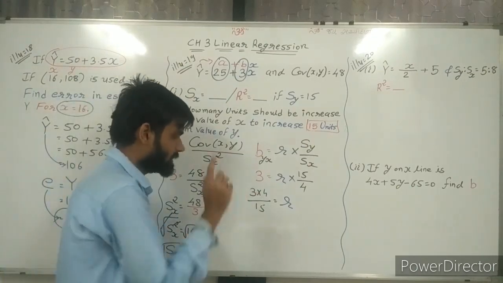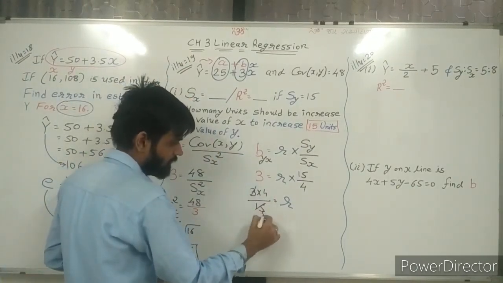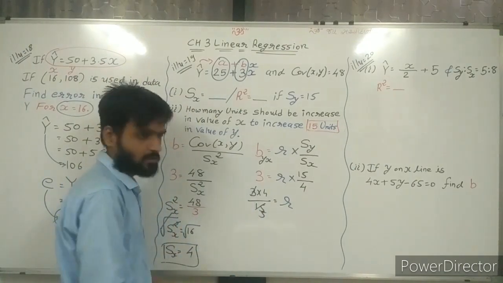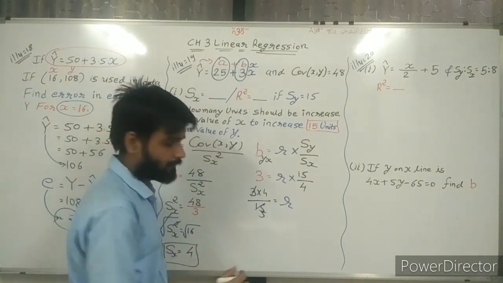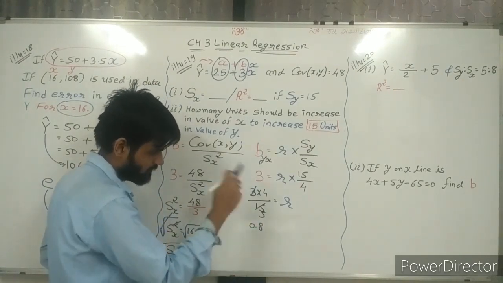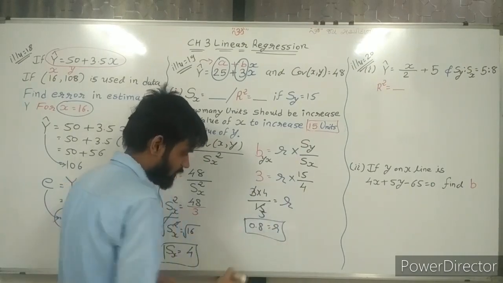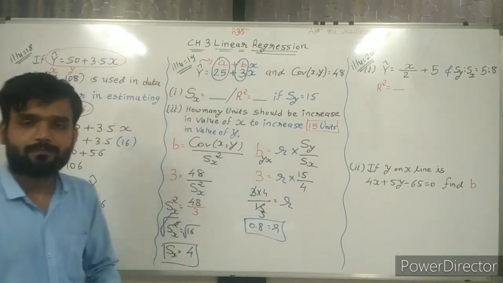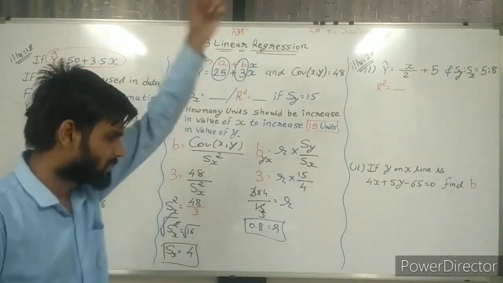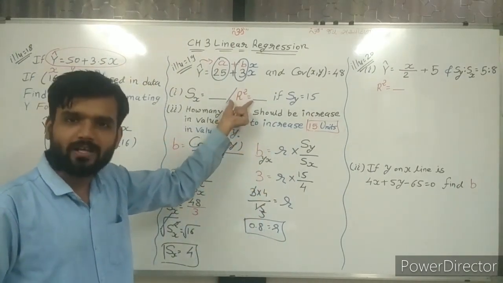Now sir, 4 3s are 12. Or you can say 5 3s are 15, so 4 divided by 5 is 0.8. 0.8 is equal to r. So sir, my value of r is 0.8. Now make the square of this, because what we actually need is r square.